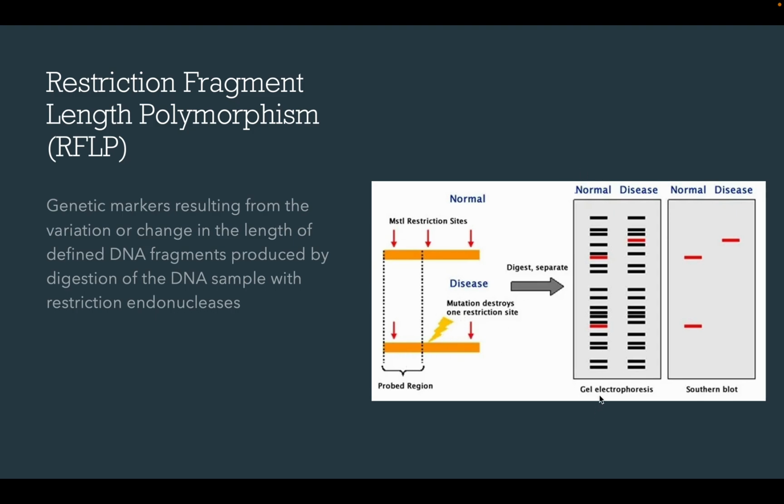When we run this on gel electrophoresis, we then transfer it to the Southern blot. This is the hybridization technique. We transfer it to the Southern blot, and then we probe for only those bands which have the restriction site. Here you can see in the normal condition we have two bands, but in the disease condition we have only one, because here we get only one band, but here we have two bands of different size.